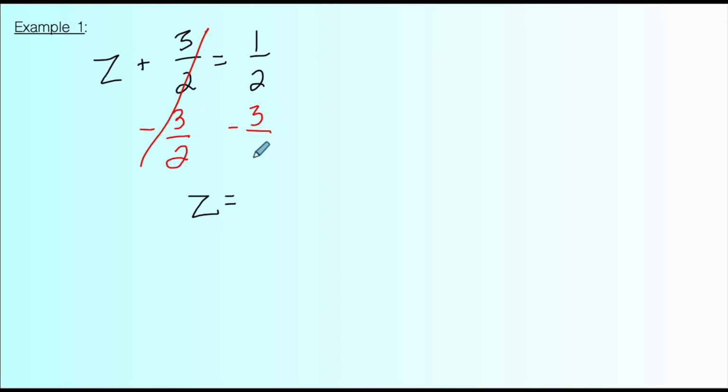So here I'm going to be subtracting 3/2 from 1/2. So 1 minus 3 is -2. And you always keep the denominator the same when you add or subtract. So it's -2/2, which in other words is -1.